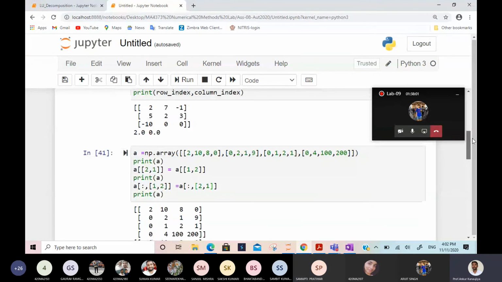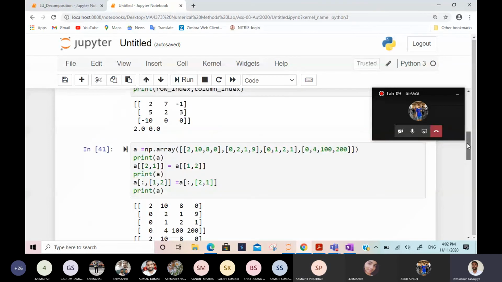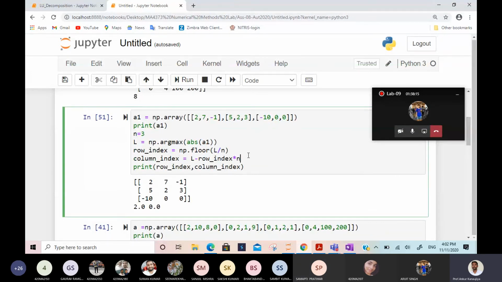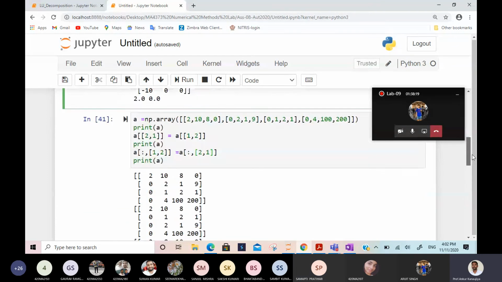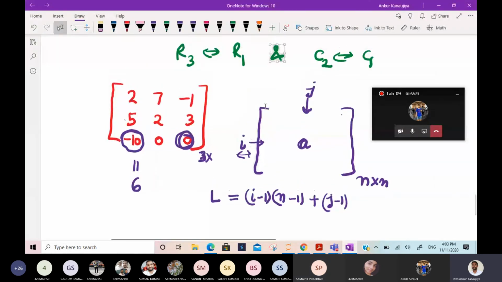K is required if you take the submatrix. Then you have to add plus k to the row index and plus k to the column index, because you are taking a submatrix and leaving the original matrix.